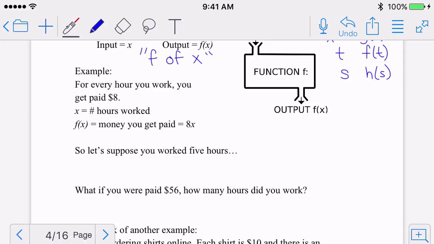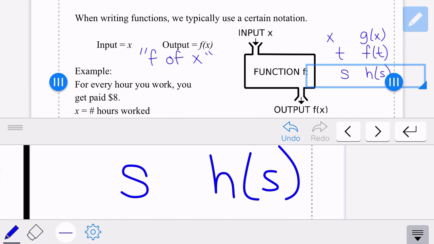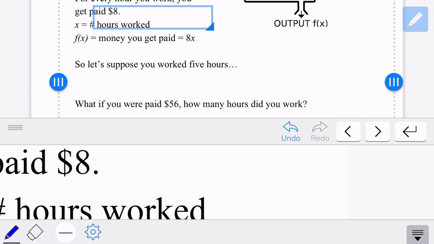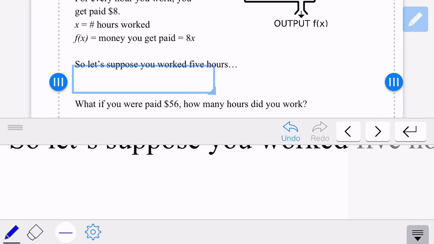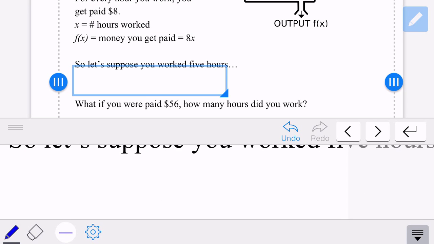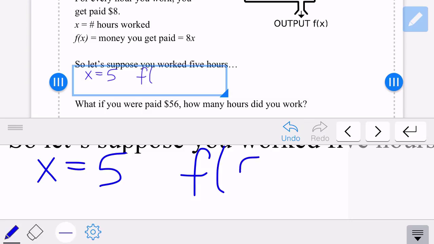Let's suppose we worked 5 hours. So our x is 5. And then we're going to be doing f evaluated at 5.